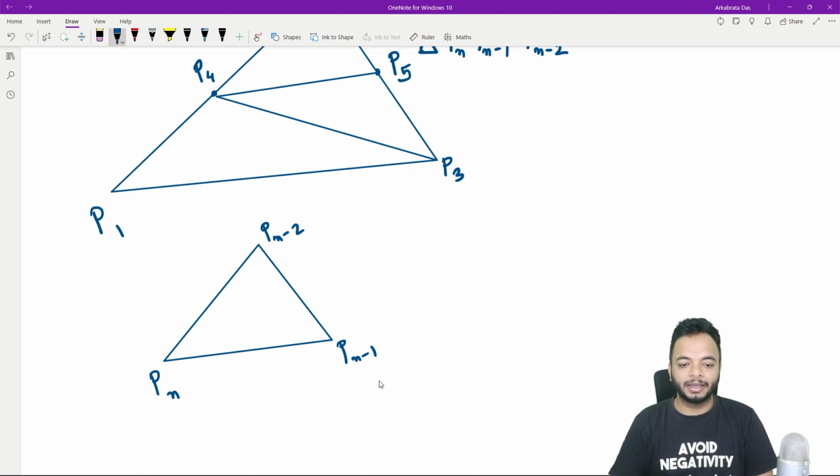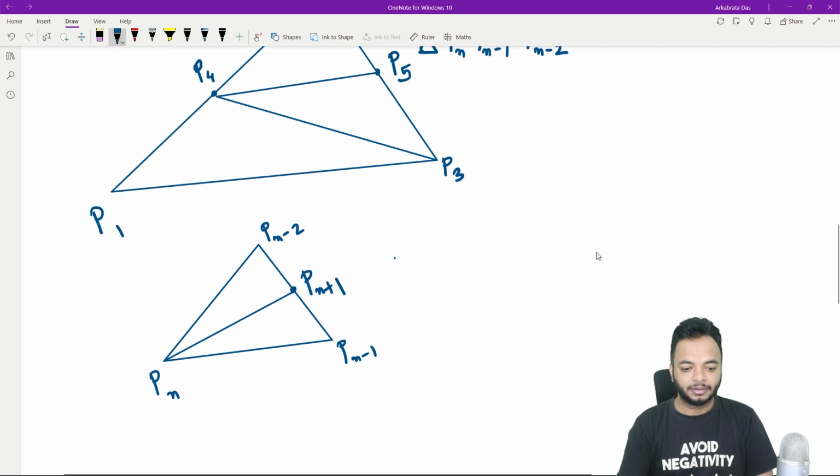This is the triangle I have, and by definition I know that Pn+1 is the midpoint of Pn-2 and Pn-1. So when I join Pn and Pn+1, I get the area of the next triangle.